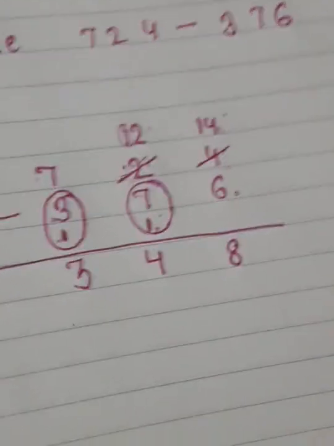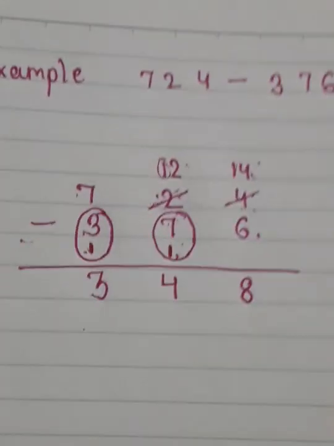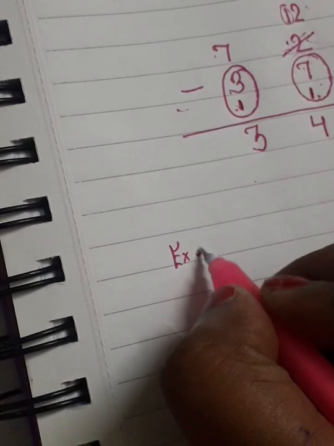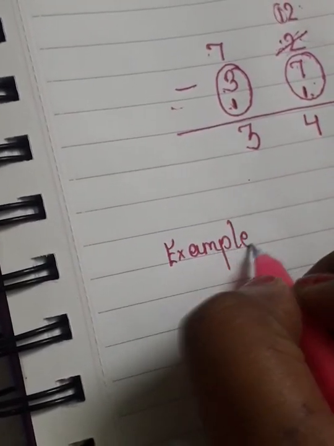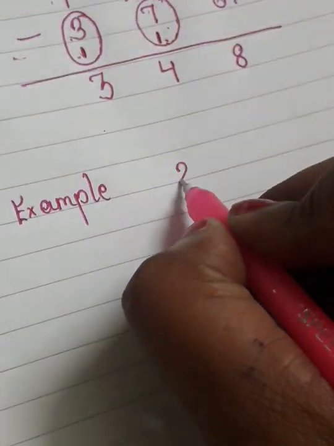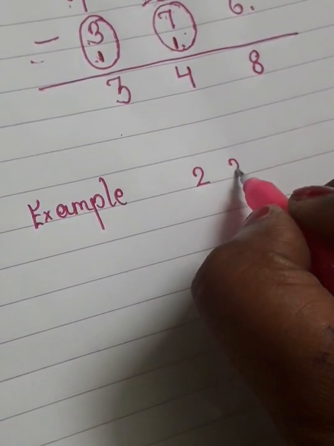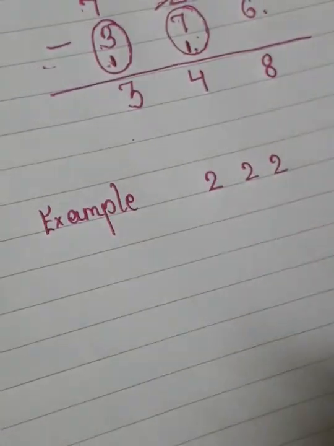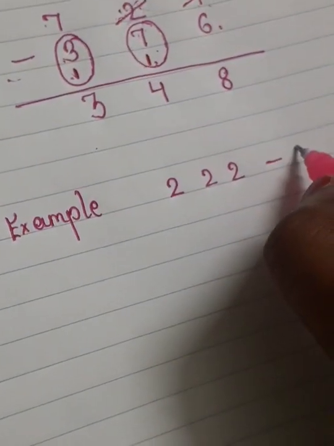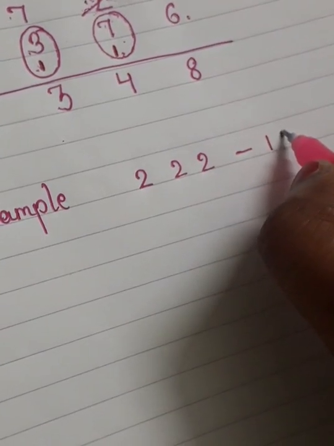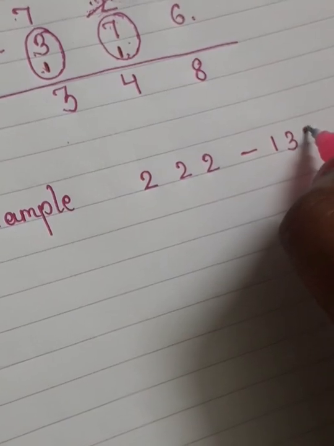Okay. So now we are going to take another number for doing the subtraction. Here I am giving a number. Example: 222 minus 132.